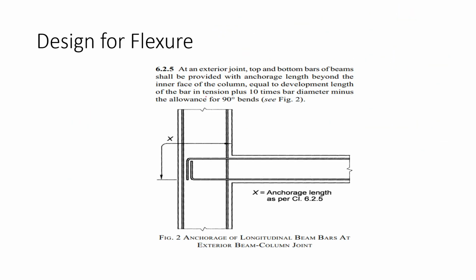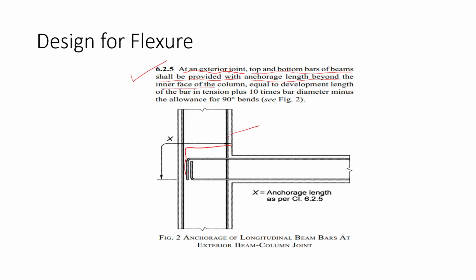Now, how much reinforcement shall be extended into the column? That clause is 6.2.5. At an exterior joint, means the outer column, top and bottom bars of the beam shall be provided with anchorage length beyond the inner face of the column.